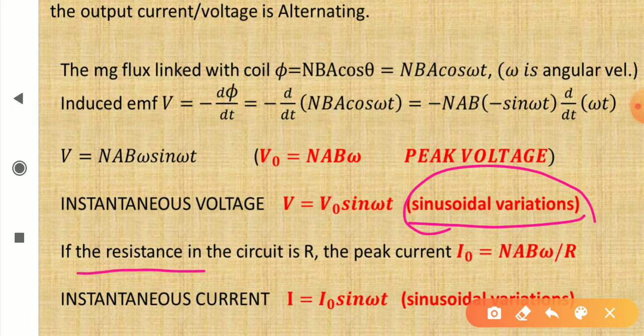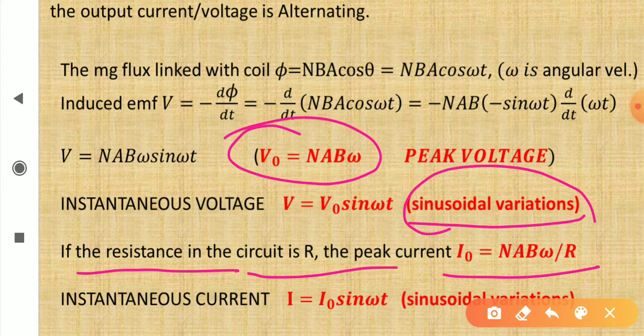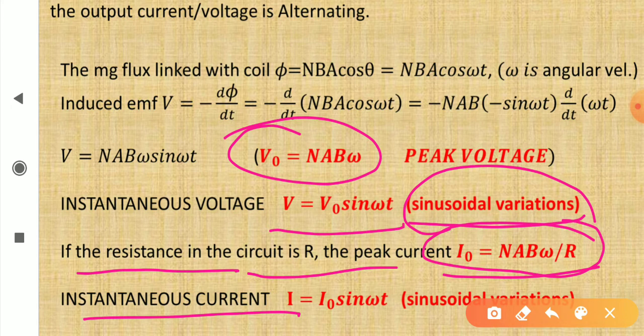And if the resistance in the circuit is R, then the peak current will be peak voltage divided by resistance, or NAB omega divided by R. And instantaneous current will be equal to instantaneous voltage divided by resistance, or I is equal to I naught, peak current, into sine omega t.